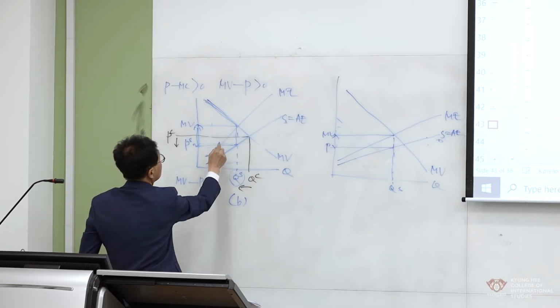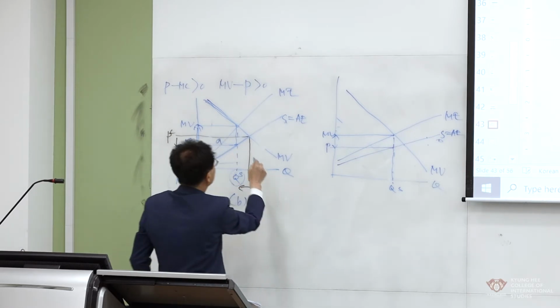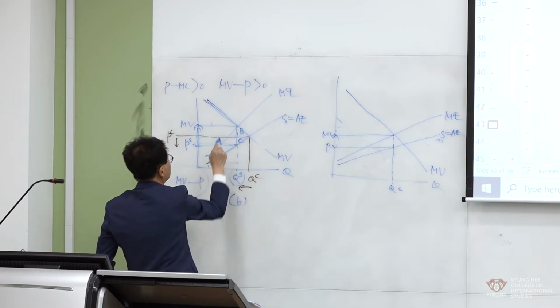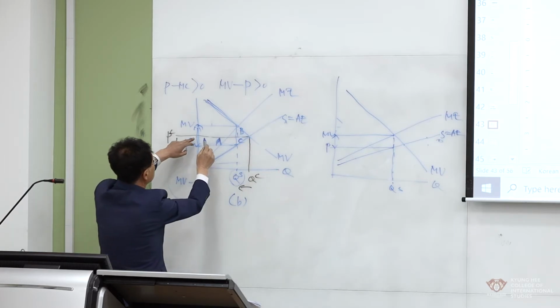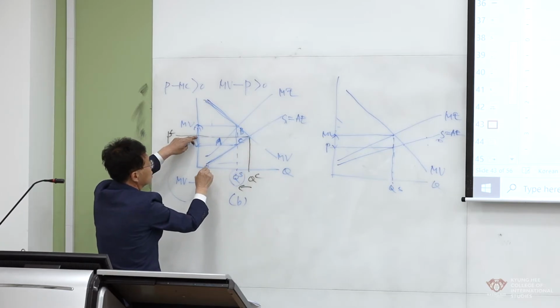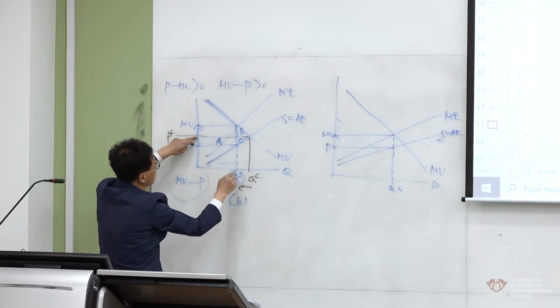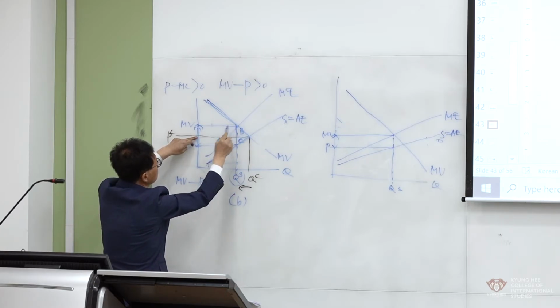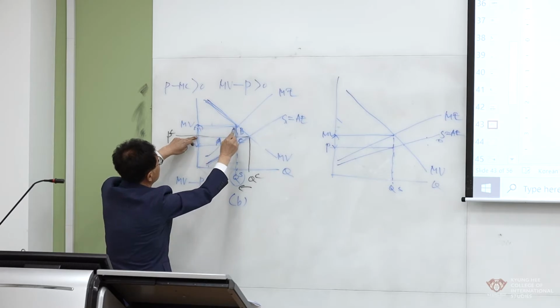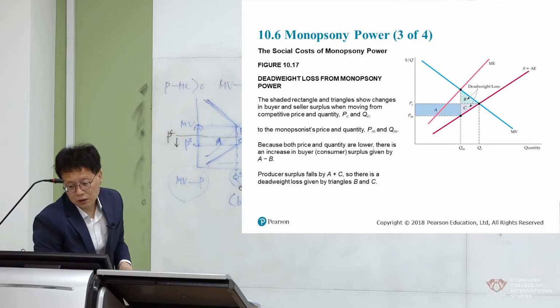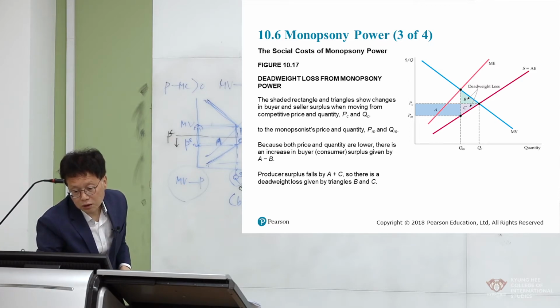So that is A, B, C, A, B, C. So in the competitive case, consumer surplus is this one, but in the monopsonic case, consumer surplus is this one, right? Consumer surplus is less than price like this, right? So look at it.